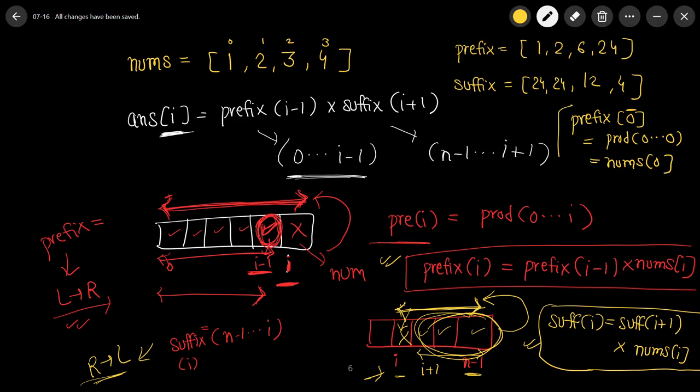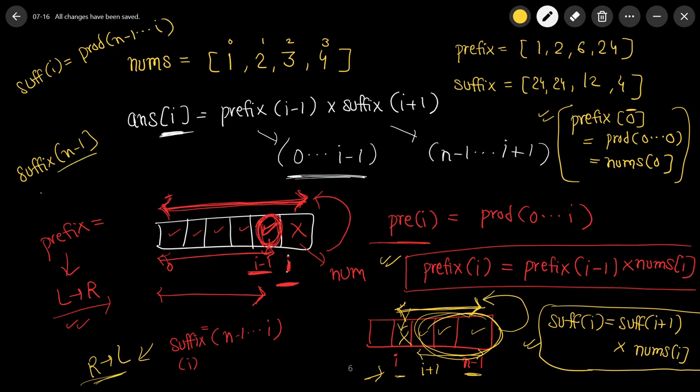So prefix of 0 is nothing but nums of 0 only. Similarly, suffix of n minus 1. Suffix of I was what? It was product of n minus 1 till I. So suffix of n minus 1 would be product of n minus 1 till n minus 1, because I is n minus 1 here only, which is nothing but nums of n minus 1.